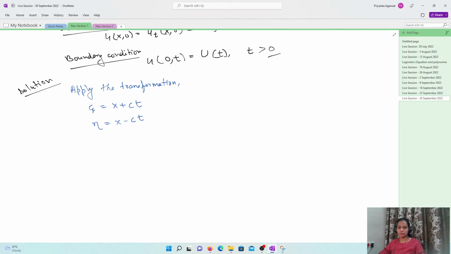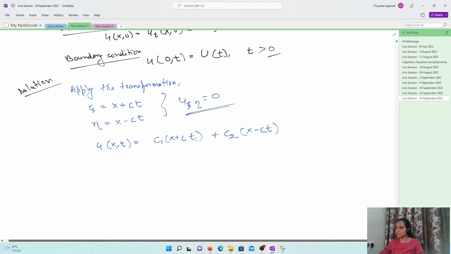Okay, and when we apply this condition, the general solution is u(x,t) is c1 of x plus ct, and from this this equation becomes this, and this is the solution which we get, plus c2 of x minus ct. Now this is the general solution.